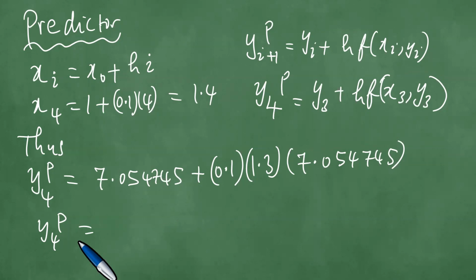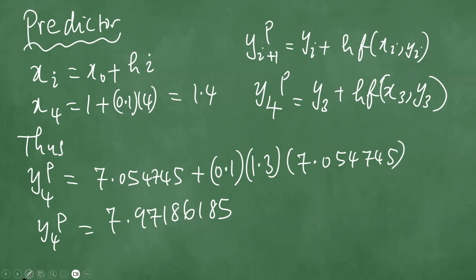I'm just verifying with my calculator here: 7.054745 plus 0.1 times 1.3 times 7.054745, which is 7.97186185. So you have exactly this here.